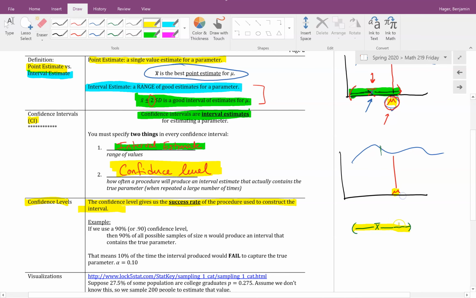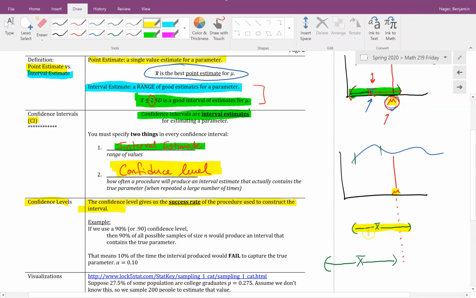Wouldn't this guy fall within that window? However, sometimes my sample mean can be so far away, maybe it was a weird sample and my sample mean was here. When I construct the same window, do you see I missed it, right? Mu didn't land in that window. I missed it. So sometimes you're going to hit it, sometimes you're going to miss it.